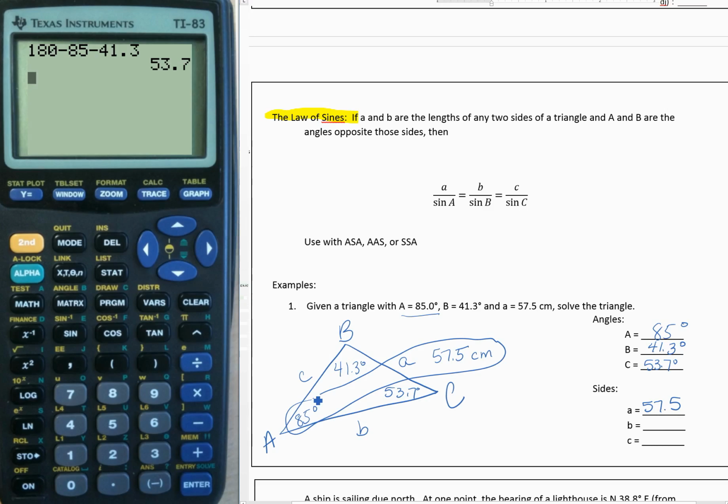So we're going to use a over sine of A equals b over sine of angle B. We can set this up and say, 57.5 over sine of 85 degrees equals b over sine of angle B, which is 41.3. Now, to solve for b, we just need to multiply both sides by sine of 41.3 degrees.